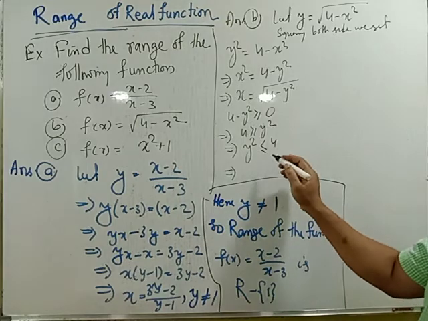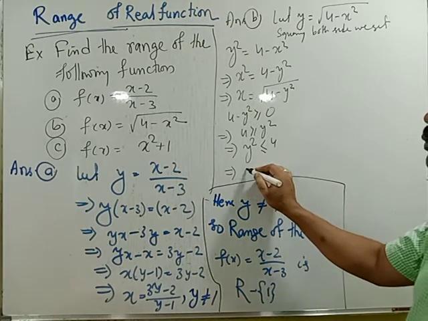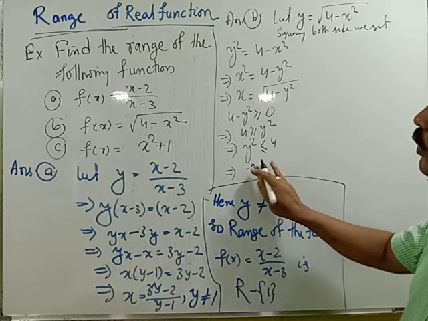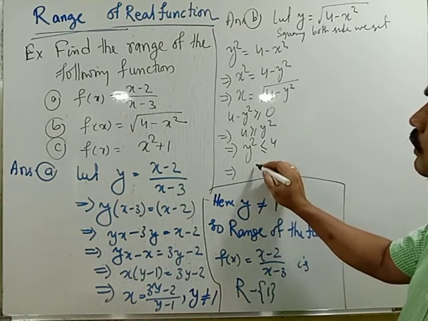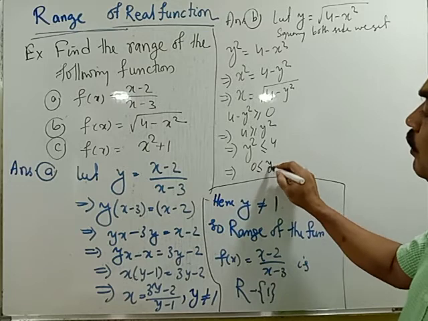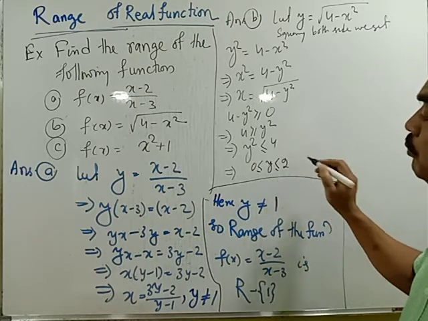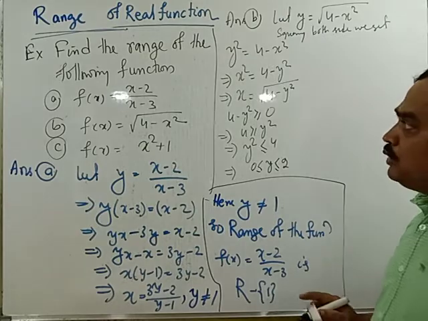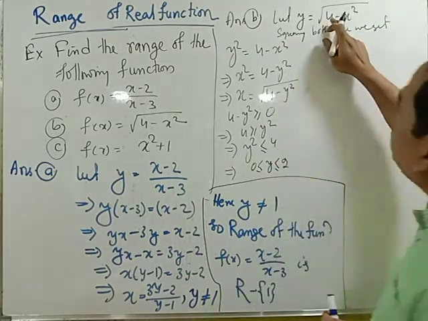So what are the two intervals? One is minus 2 to 2. Here you will get 0 less than or equal to y less than or equal to 2, because you are not taking any negative value, because the square root should be positive.